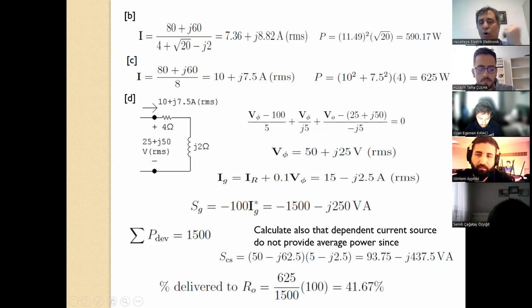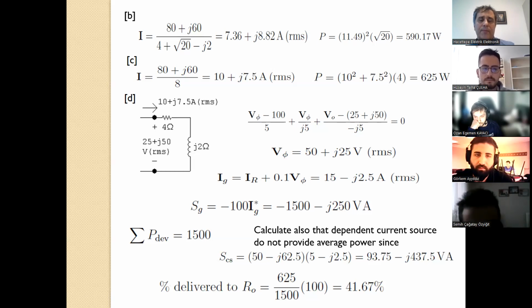This is the ratio. So 41.67% of developed power is absorbed in the load side. This is the maximum that we can transfer from the circuit. Okay, any question?